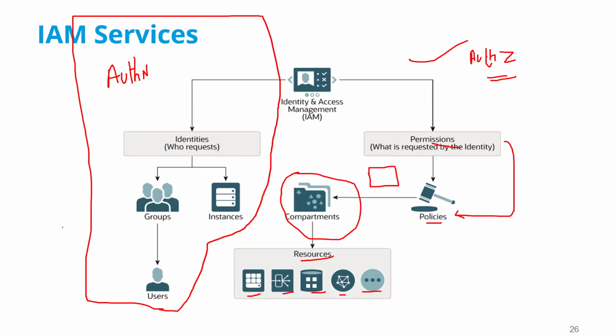Whenever someone logs in to OCI, this is basically authentication. But when someone accesses some resource by the use of policies, we call it authorization. So this comes under IAM, Identity and Access Management.